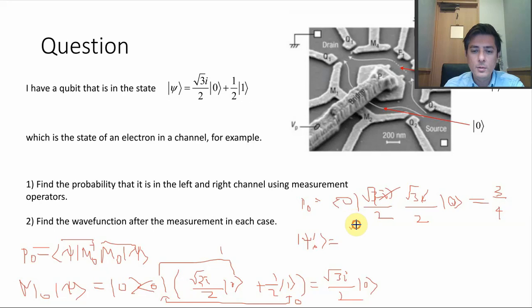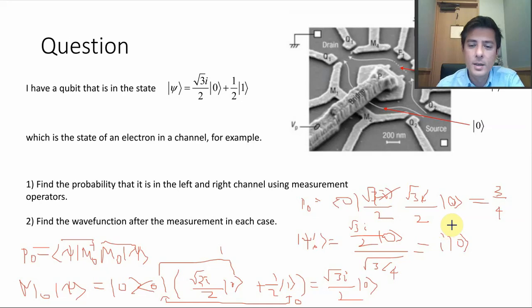So it's going to be root 3 i over 2, ket 0, divided by the square root of this probability, 3 over 4. The square root of 3 over 2 and the square root of 3 over 4 are the same. So you just get i times ket 0, and this i is physically irrelevant. We don't really have to worry about that.